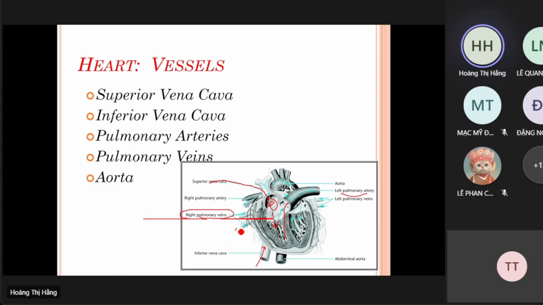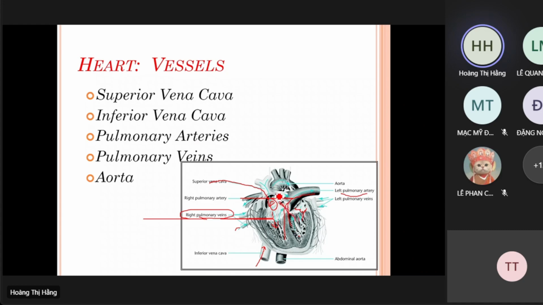This blood is rich in oxygen, will be poured into the right atrium. Okay, and then into the left atrium, and into the left ventricle, and out into the aorta.